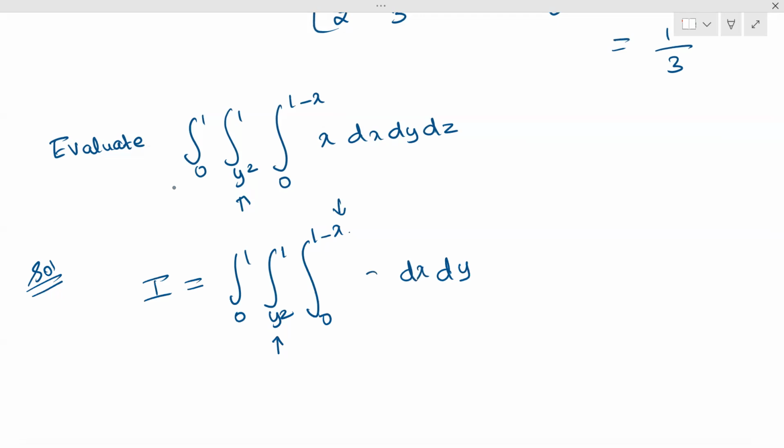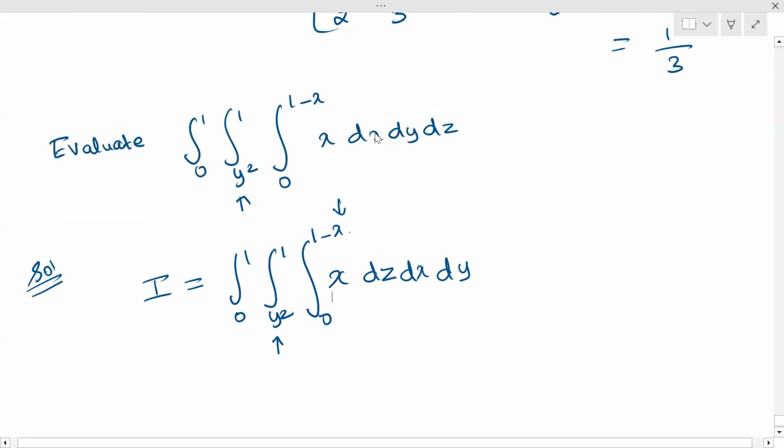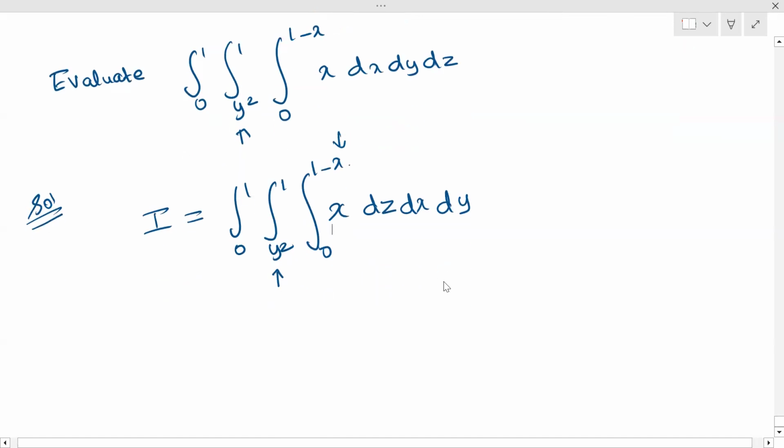So the first integration is with respect to the remaining variable. What is the remaining variable? That is z. Okay. Here the given function is x. So here what order have they given? dx, dy, dz. But they have not given the correct order. So we have to rewrite. It is the order dz, dx, dy.